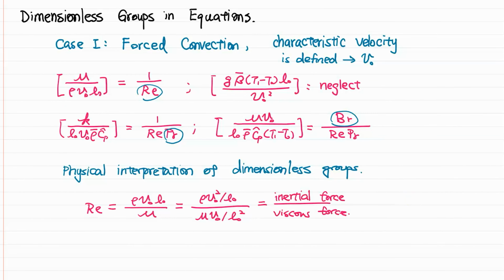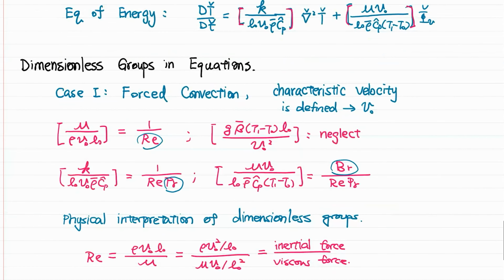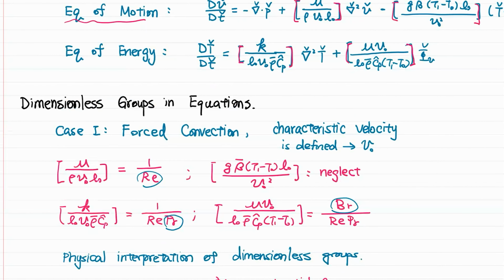Okay, so that means if the Reynolds number is large, then the inertial forces dominate. And if the inertial forces dominate, then the second term on the right-hand side, which deals with the shear stress, is going to be very small and maybe even negligible.